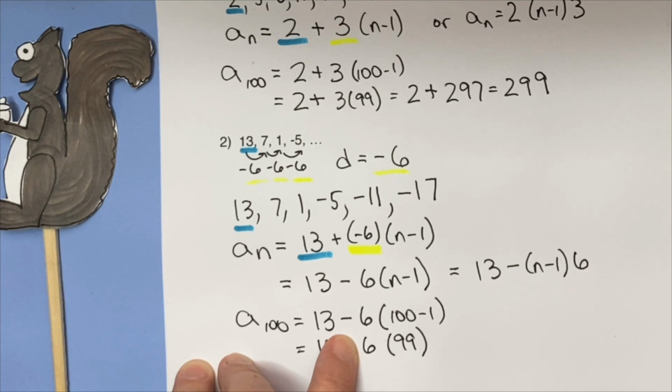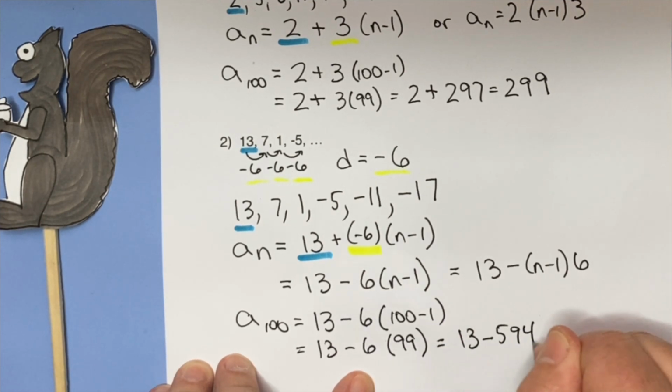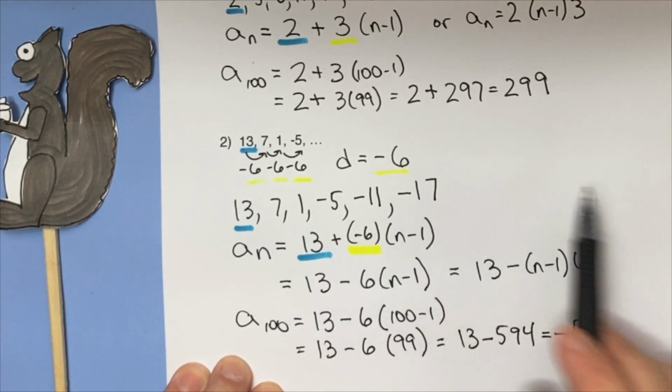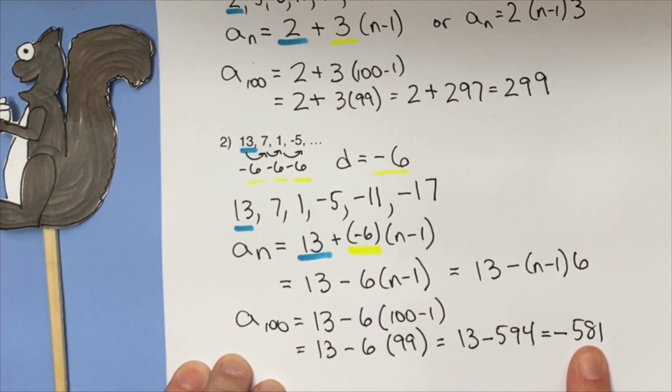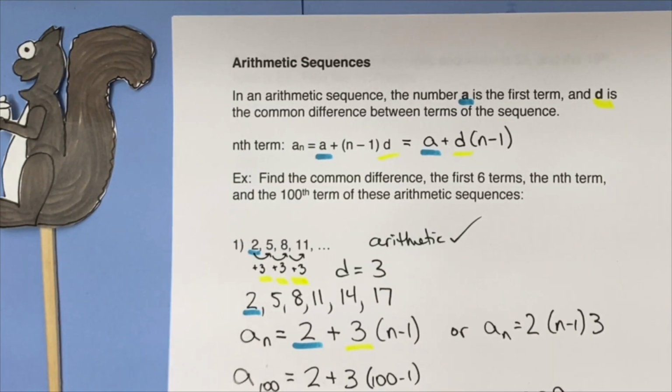So 600 minus 6 is 594. Woohoo. You can always do this on your calculator. So if we listed out 100 of these, we'd get to negative 581. Woohoo. Okay. Shall we move on to the next page?